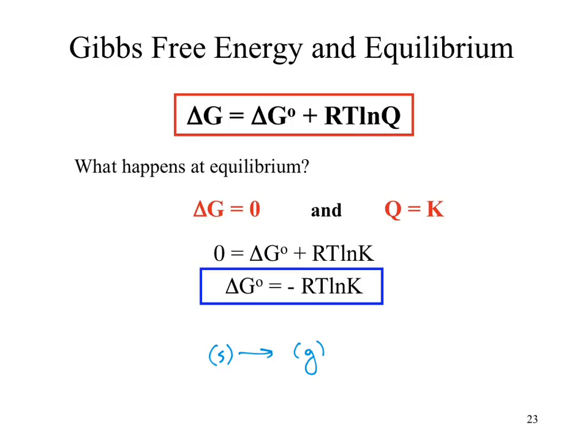Would you be able to solve for it? What is the equilibrium constant for this expression? K equals products, which was our gas, divided by our reactants, which is solid, which means it doesn't show up. So would you be able to tell me the pressure of that gas?